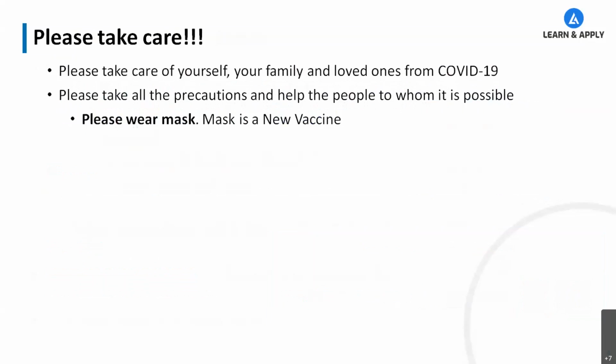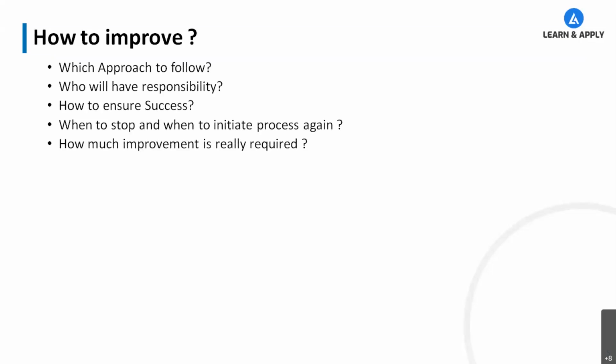So let us start with our webinar's core topic. Whenever we have to improve some project or some process, how do we improve, right? That is a very essential question that we should ask. There are multiple dimensions to it. Which approach to follow for any improvement activity? Who will have which responsibility?